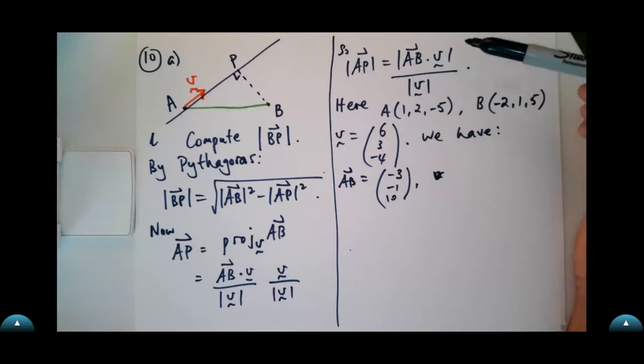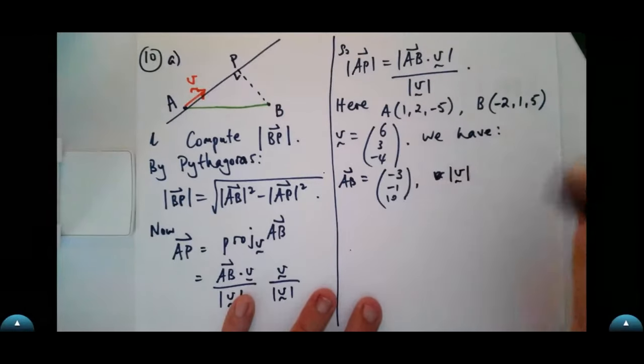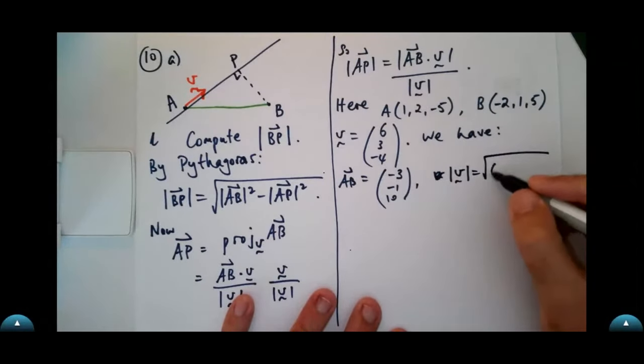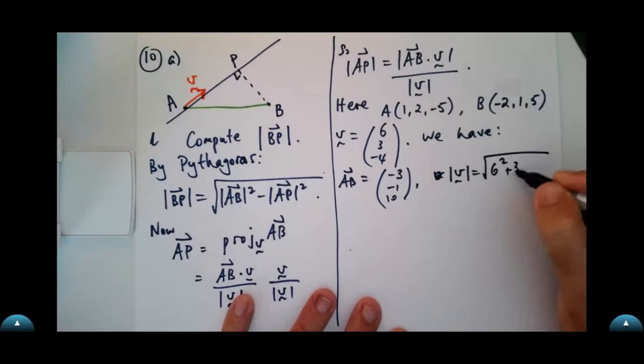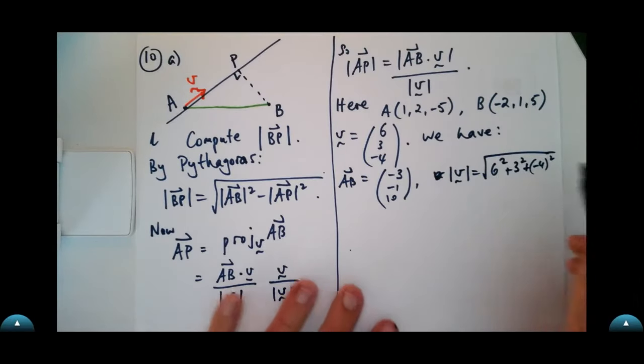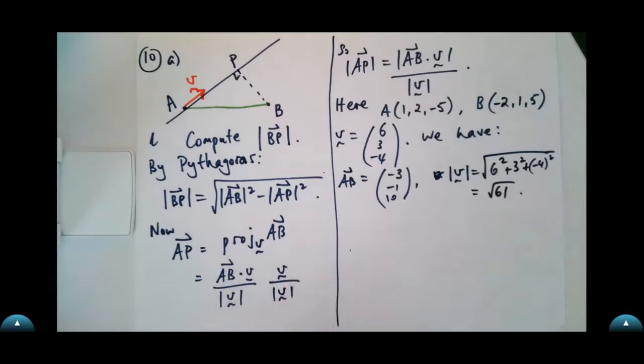Now we need the length of V. So you square the components, add them together, and take the square root. So 36 plus 9 plus 16.